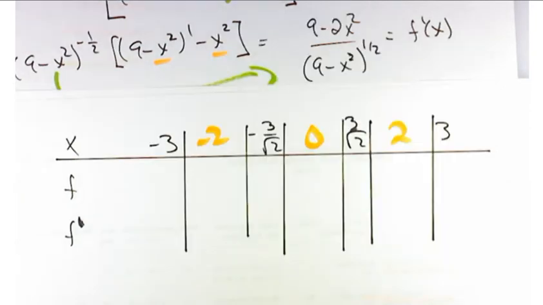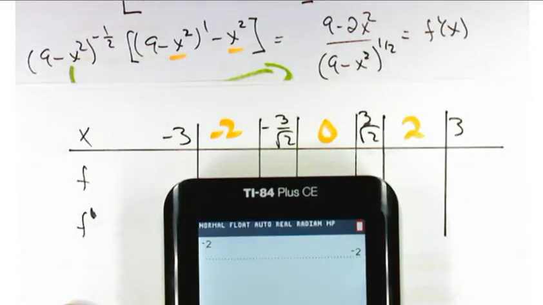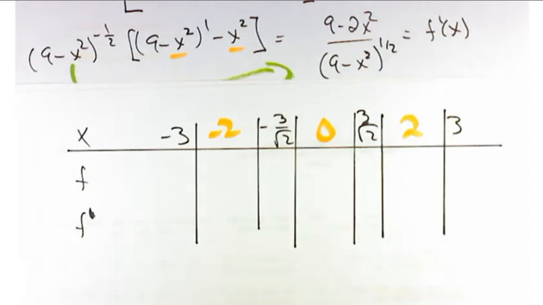So let's program our calculator like that. You've got two choices. Either you can put the numerator in parentheses, or you can use some of the fancy keys that your graphing calculator offers.